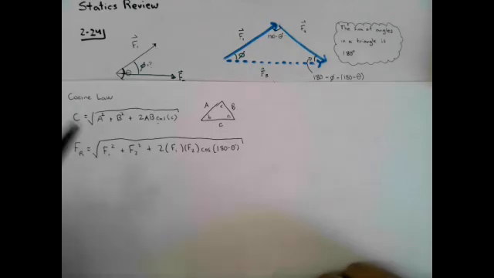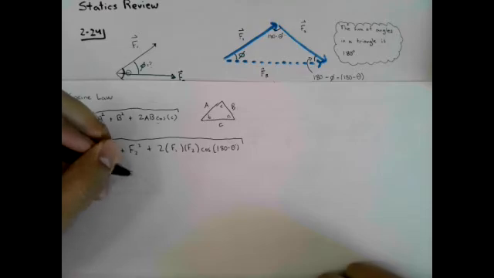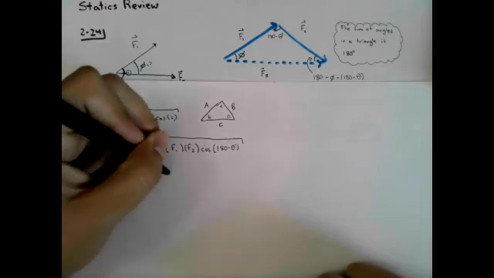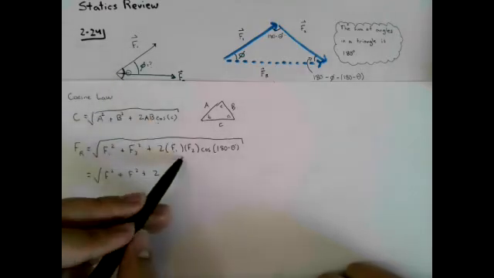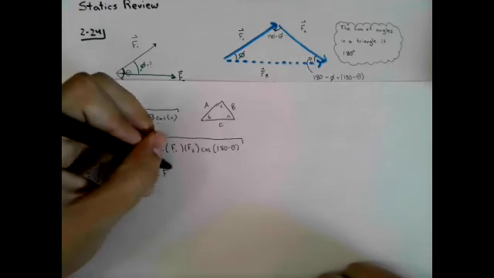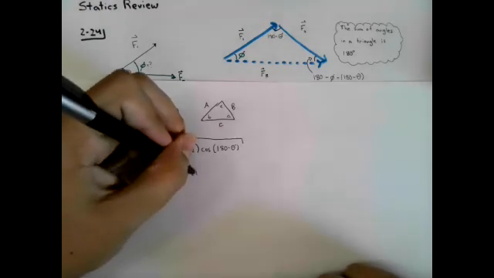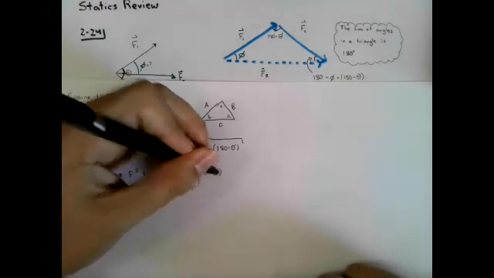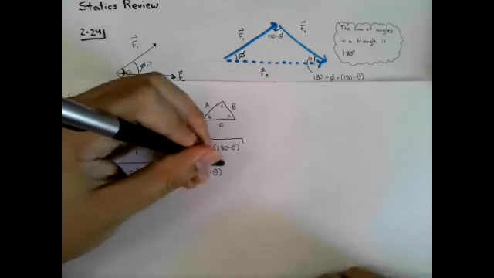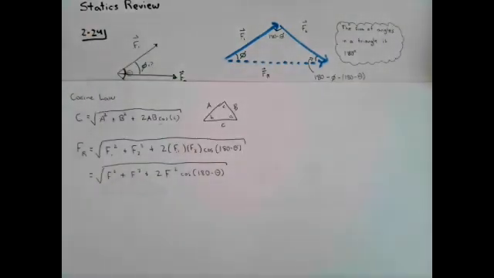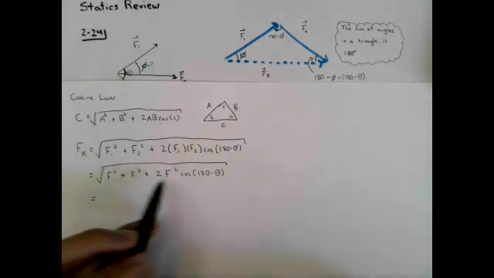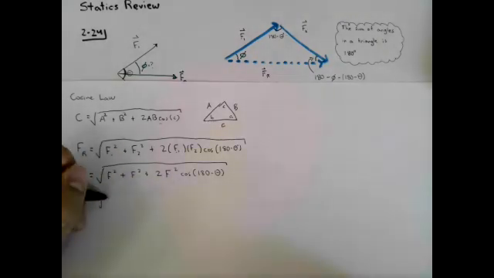And now, since I know that F1 and F2 have the same magnitude, I can simplify this a little bit more. I can just write F. Here we have F times F, so I just write F squared. And at this point, we can do even more simplification, right? So I can factor out F squared.